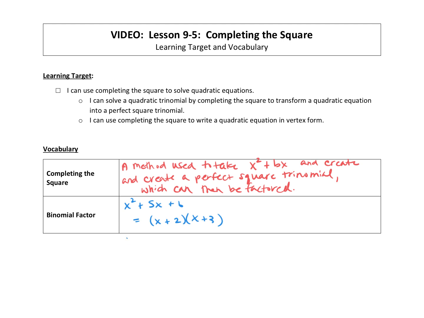So x plus 2 is a binomial factor. So x plus 2 is a factor, x plus 3 is a factor. We call it a binomial factor because it has two terms. So it's a factor that has two terms, which means that x plus 3 is one also.